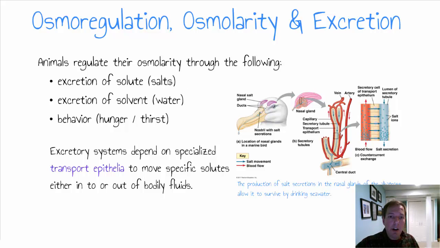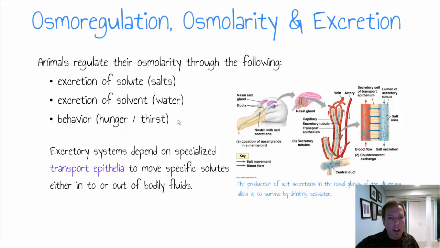More concentrated urine is going to have more solutes dissolved in it. Less concentrated urine is going to have less solutes in it. Secondly, by controlling the amount of urine produced, an animal can produce more or less urine based upon its internal conditions. Finally, the internal conditions can be affected by the environment.